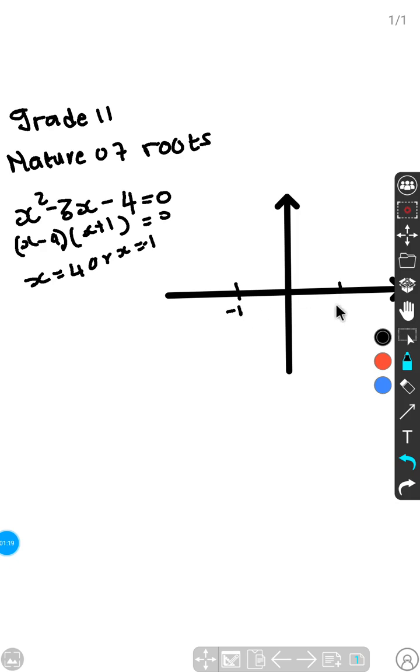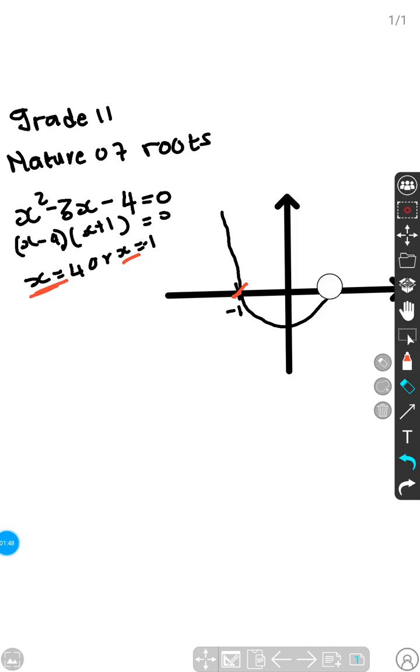If we were to draw a graph, we're going to draw it like this, right? We know the value of the y-intercept, but we're not focusing on that right now, guys. We're just focusing on these points. So if you solve for x for this equation, these will be called the roots of the equation.